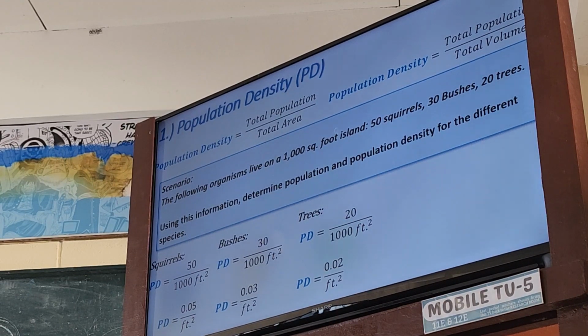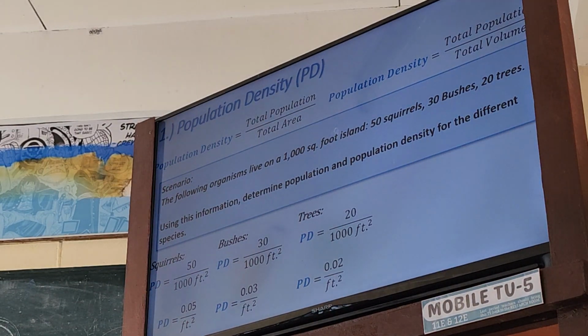But what I am more concerned about is not if you know how to press your calculator, because this one is easy. Explain what these numbers mean. For every 1,000 square feet, what does it tell us? What's the significance of a 0.03?